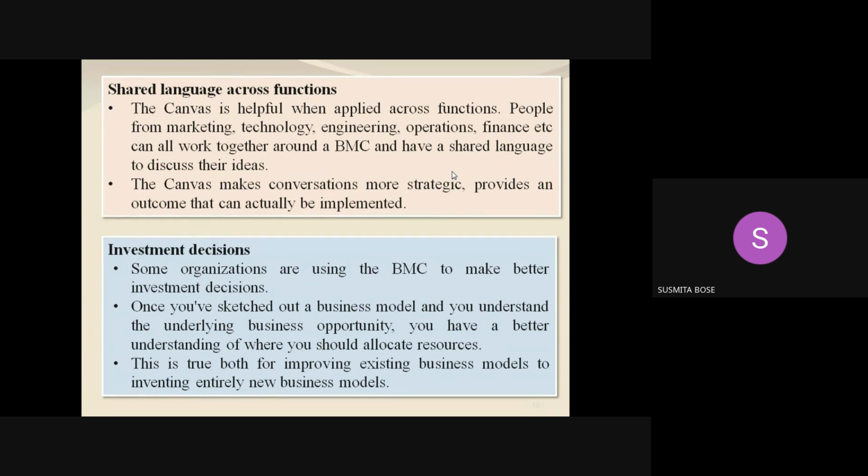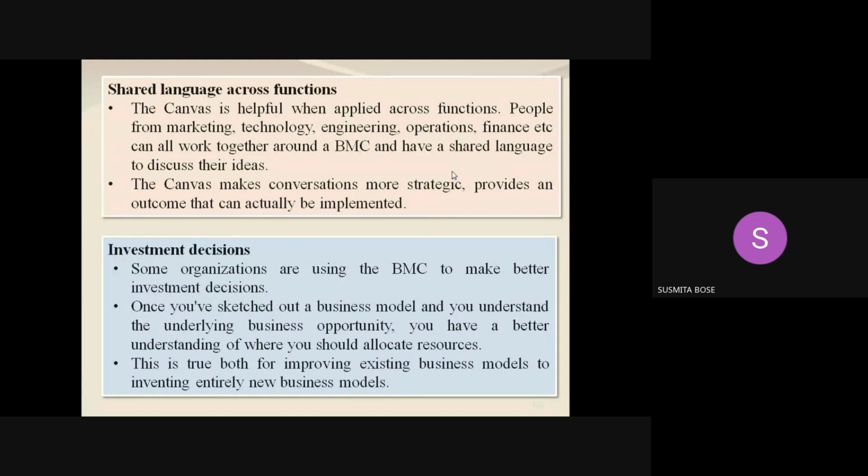The canvas makes conversation more strategic and provides an outcome that can actually be implemented. If departments are working on BMC separately, then an actual conclusion will never come. So BMC helps all the departments to work together on a particular paper, and everyone will give their opinion, and finally a conclusion will come which actually can be implemented.